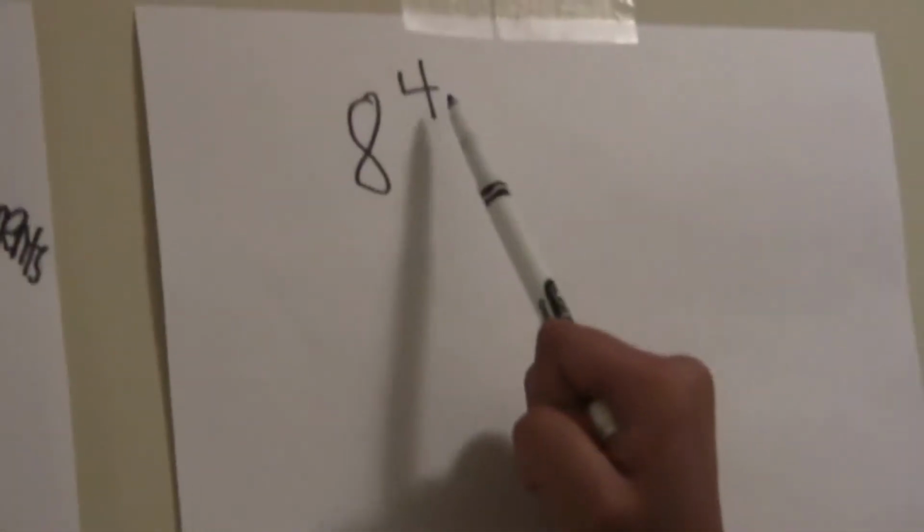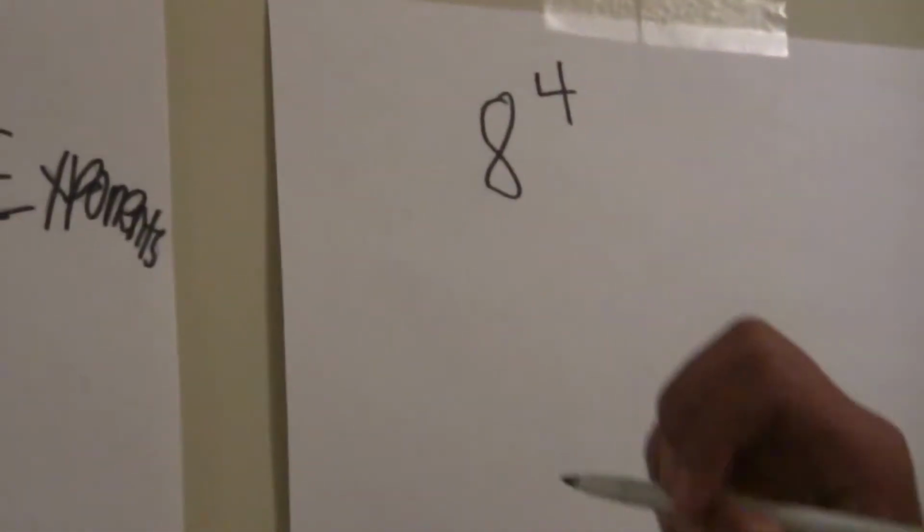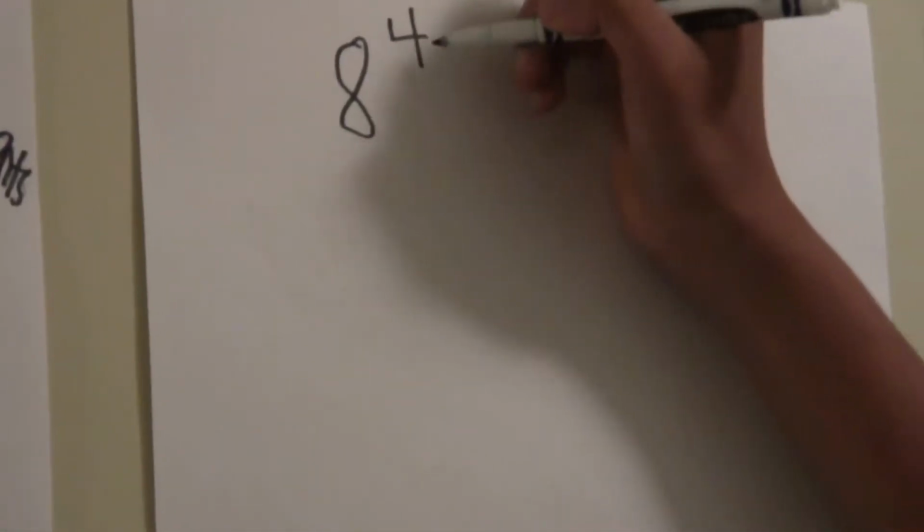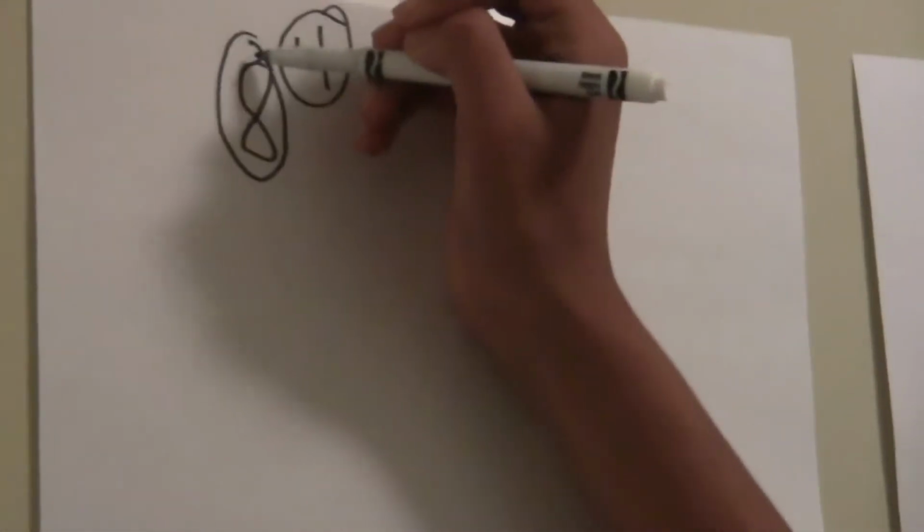The exponent is this 4 right here. Now when you're asked to rewrite it, we need to make this small enough and not too big, because otherwise the teacher may think that it will be 84. So this is the exponent, and that's the power. Not the power, the base.